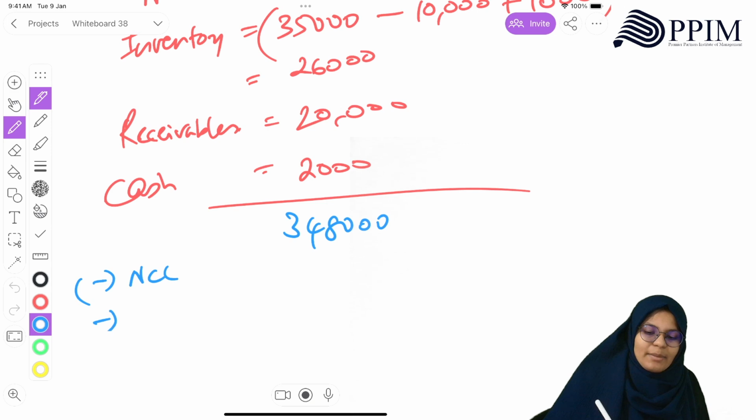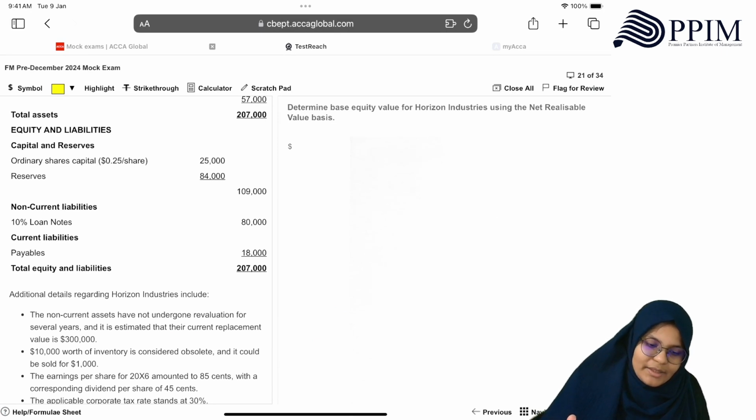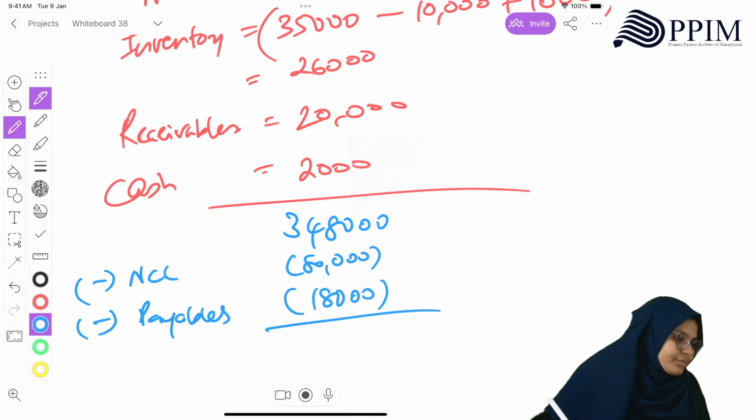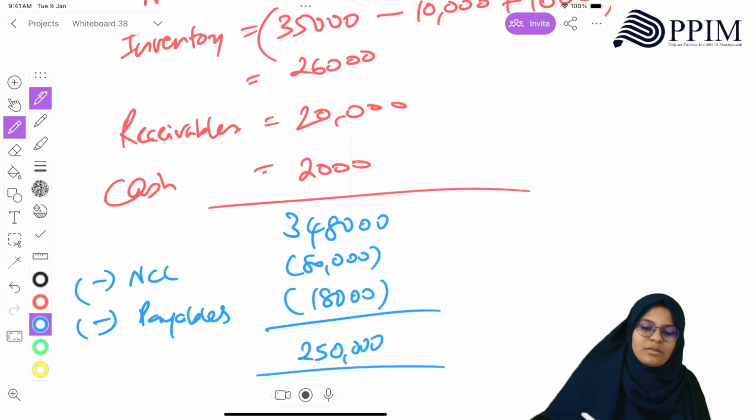So there was non-current liabilities and there was payables. Non-current liabilities was this loan notes of 80,000 and payables is 18,000. So 80,000, 18,000. This would be the net realizable value.